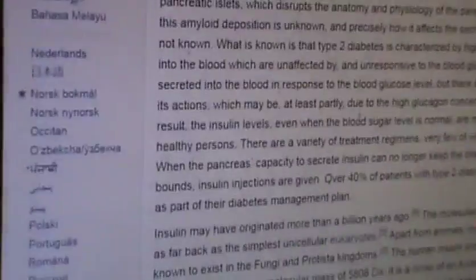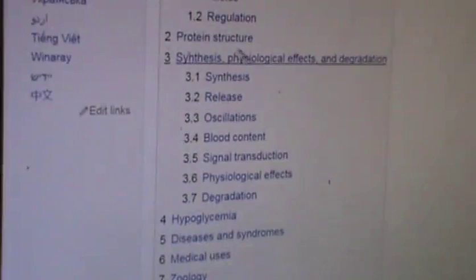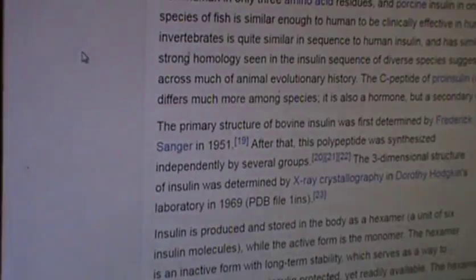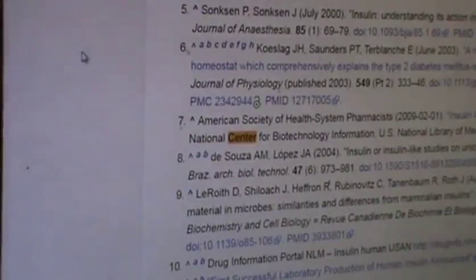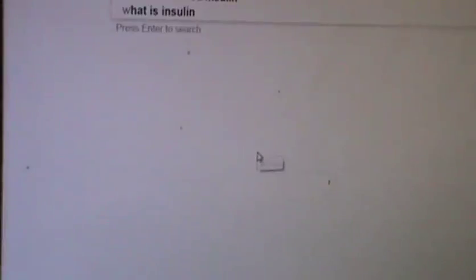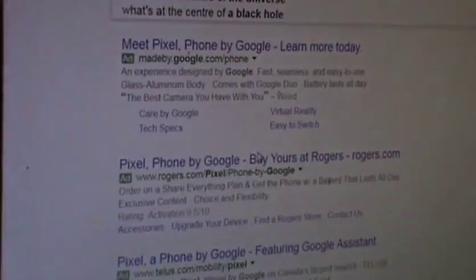Is there a component on structure? What's at the center? If I search for the word center, will I? What's at the center of insulin?